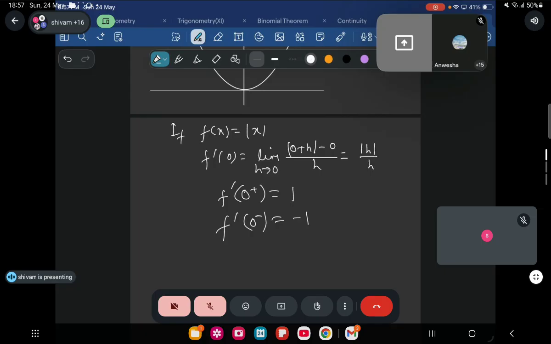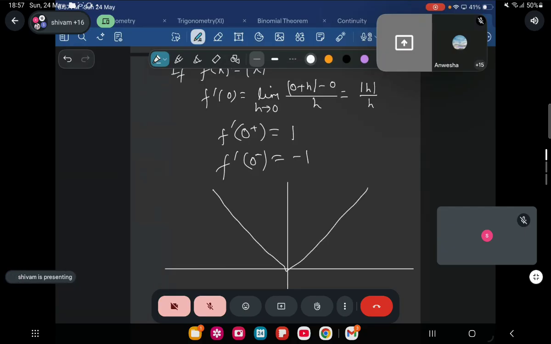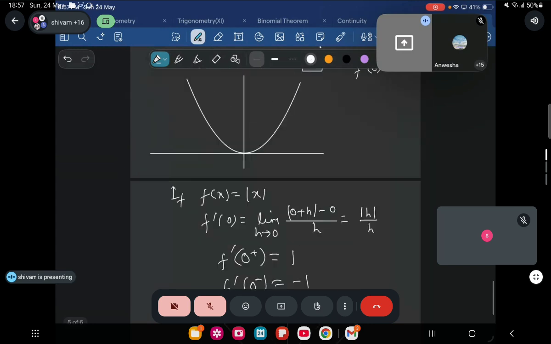See how the graph will look. The graph of y equal to mod x will look somewhat like this around x equal to 0. What is the difference between both the graphs?